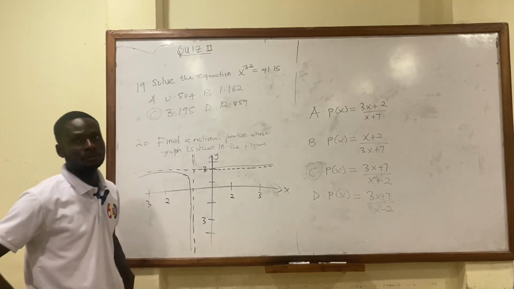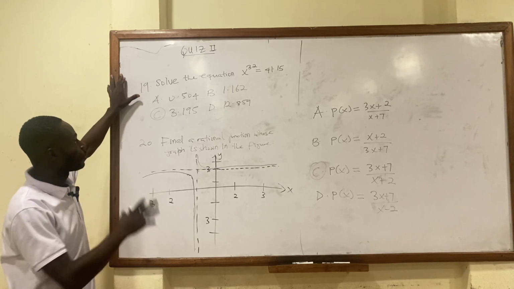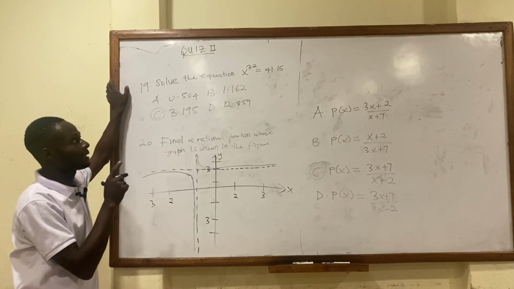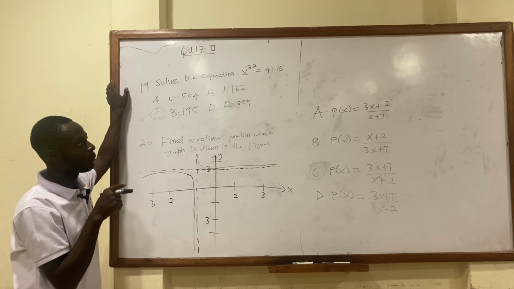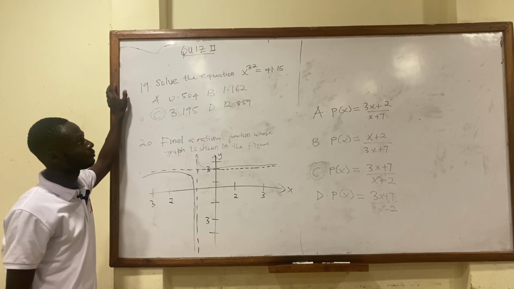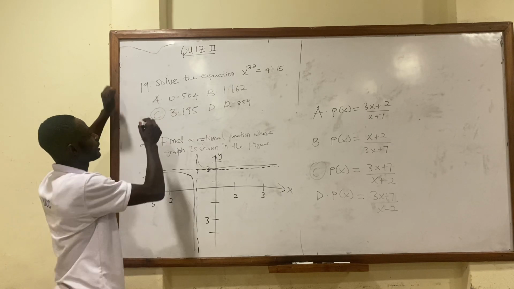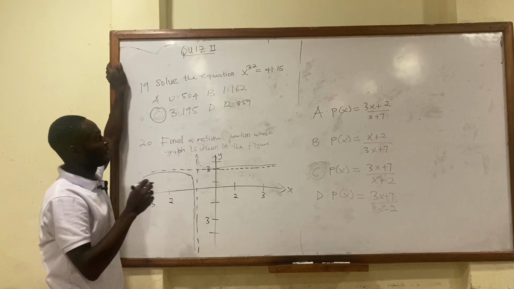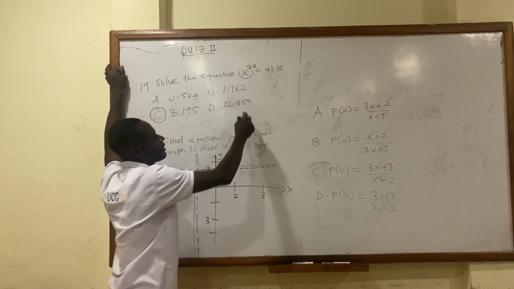Alright. So looking at question number 19, we are told to solve the equation x power 3.2 is equal to 41.15. Alright. This is very simple. Just take your calculator. Take this option 3.195 and put it in place of x.